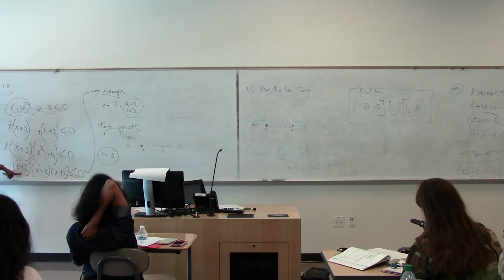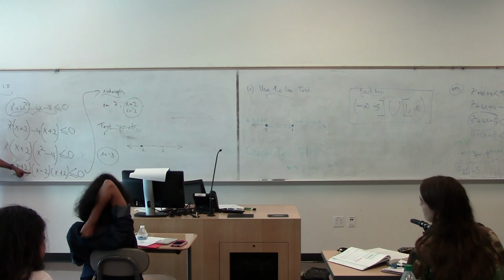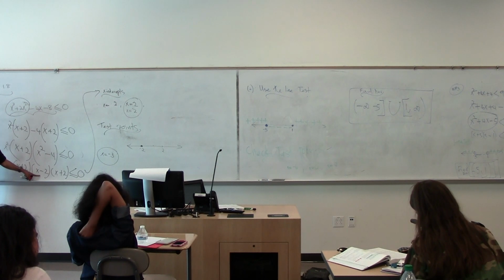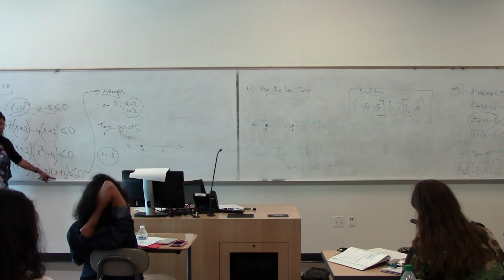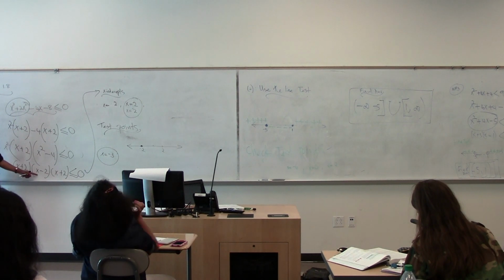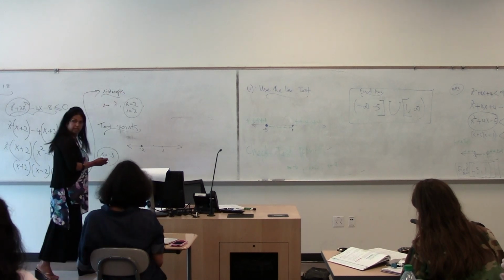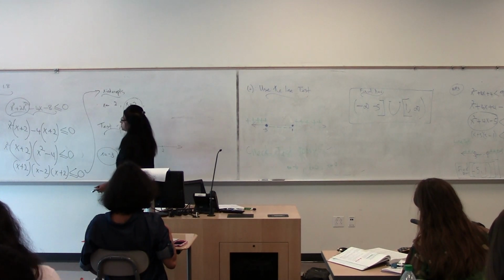This is negative, this is negative, correct? What is this? Negative. So a negative number times a negative number times a negative number is negative. Correct? Yes.